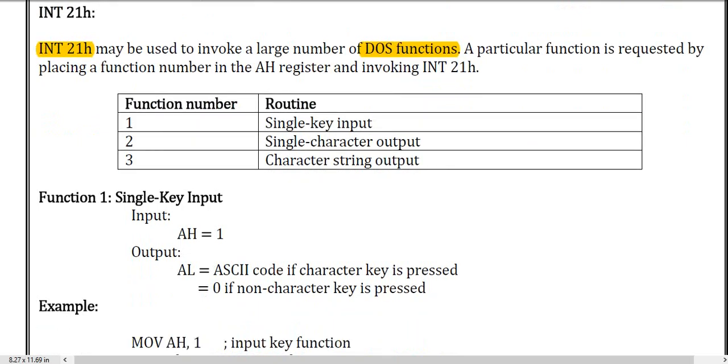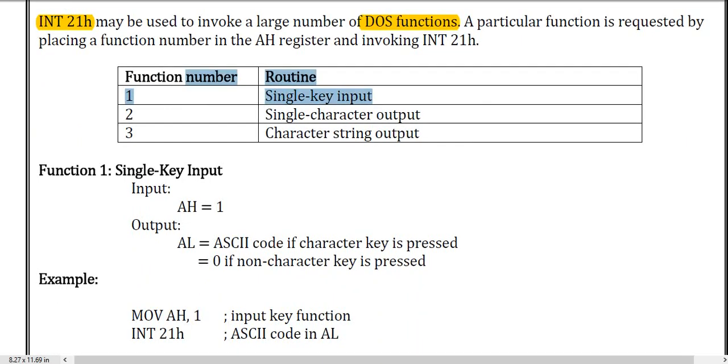By this, we can see that for single key input the function number is 1. Then for single character output the function number is 2. And for character string output we have function number 3.